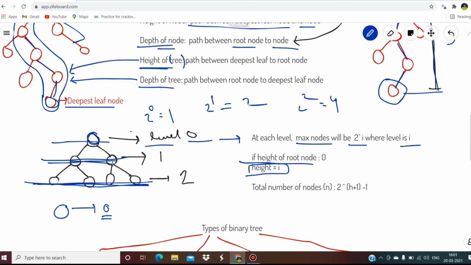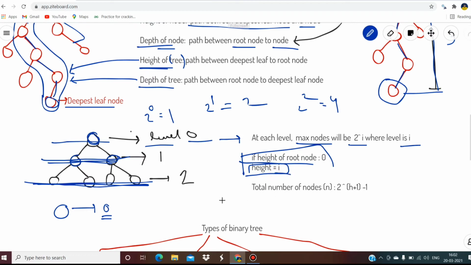This is level 1, which means these nodes are at height 1. We can assume the height of a root node as 1 as well as 0; it depends on the problem. But we'll be taking the height of a root node as 0, and height is equal to level number.